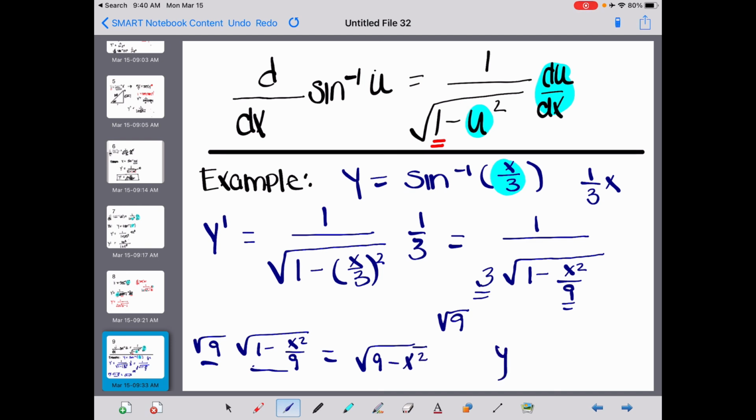So our final answer becomes y prime equals 1 over the square root of 9 minus x squared. Now this is correct. I don't want fractions if you can clear them. And this will really help you when it comes to integrals and recognizing things you can pull out of your radical. So please keep that in mind.